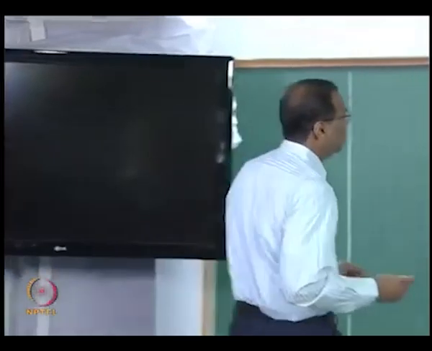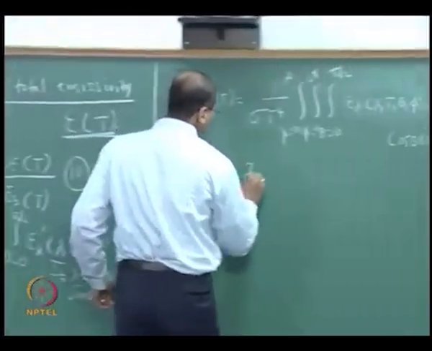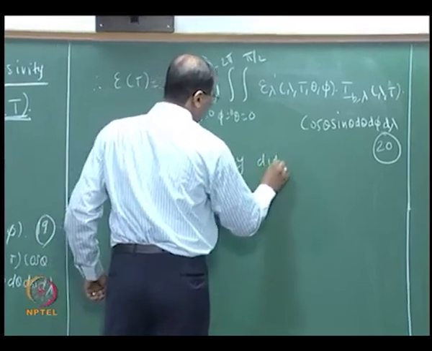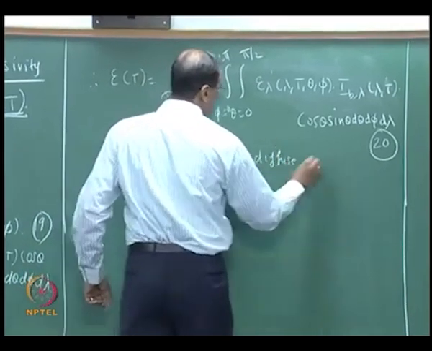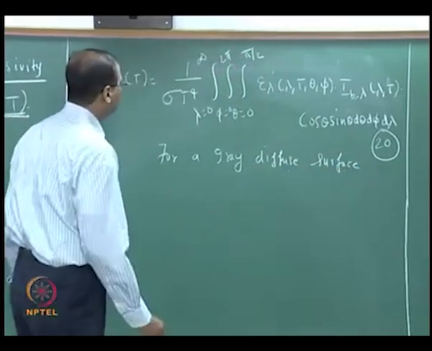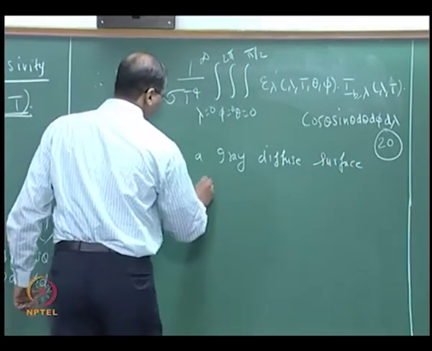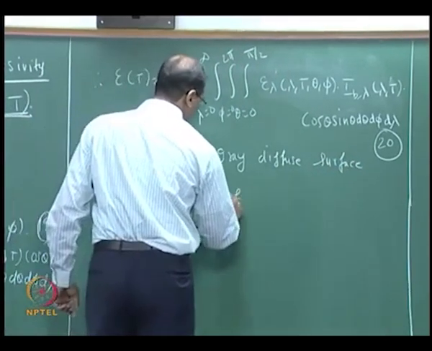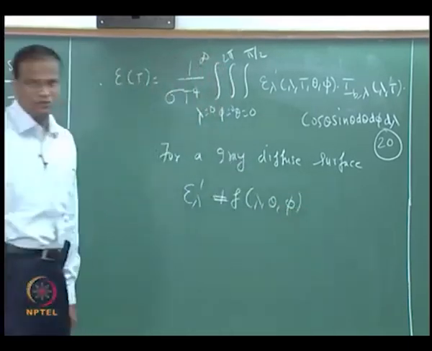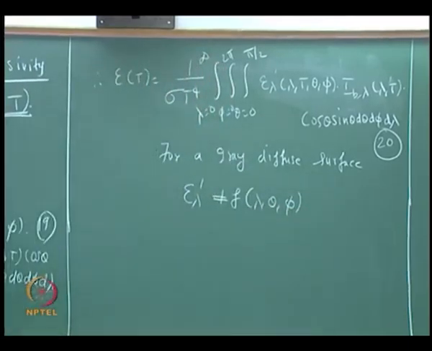For a gray diffuse body, or gray diffuse surface or body, epsilon lambda dash is not a function of either lambda, theta or phi.